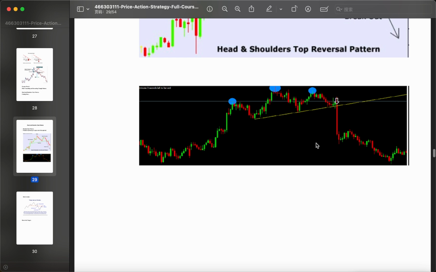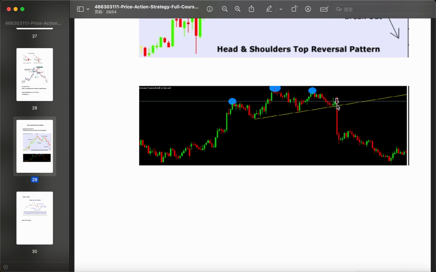Okay, so when you see that on a line chart, it's more obvious. You see three points right here. You see three high points. And then there's a neckline. When you're connecting the downward lows, you get a neckline. And because each time the market doesn't go up higher, that's why it's going in reverse.